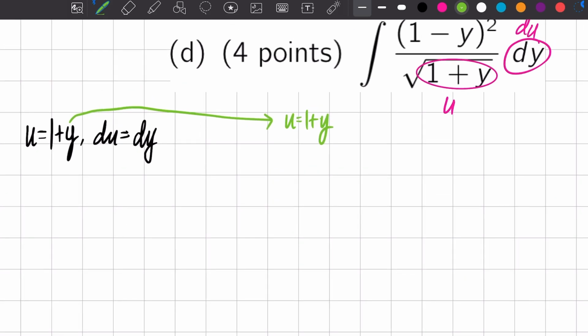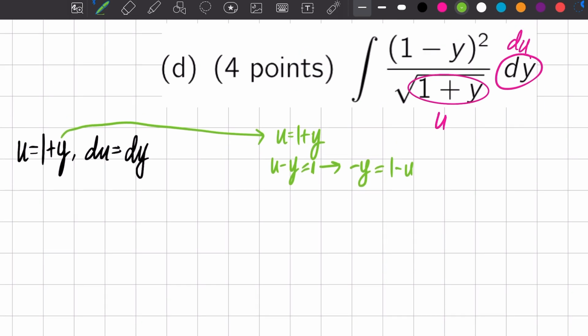And what we can do here is transfer this one right here. We get u minus y equals 1. And we can transfer u to the other side as well to get negative y equals 1 minus u. And finally, to get the 1 minus y here, we just add 1 to both sides. So we have 1 minus y equals 1 plus 1 minus u, or 2 minus u.